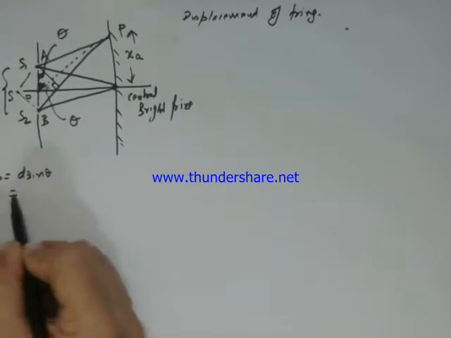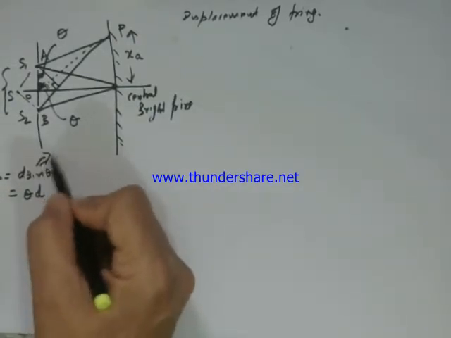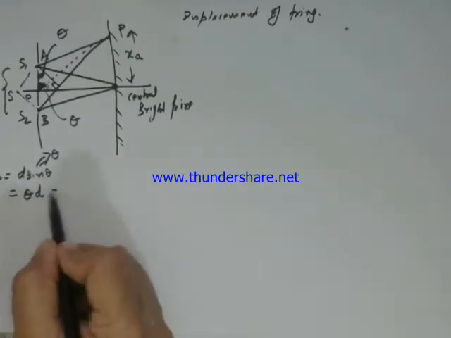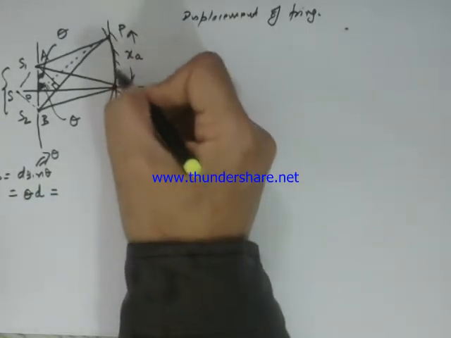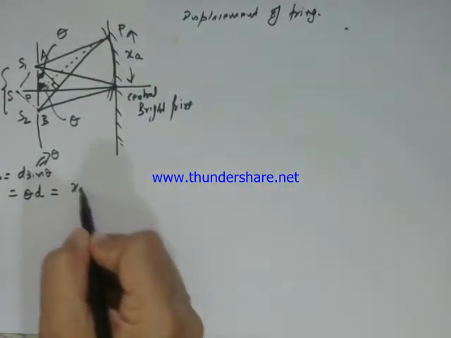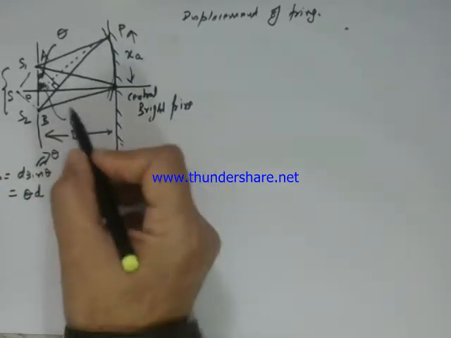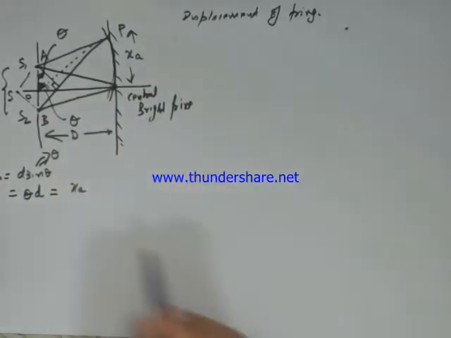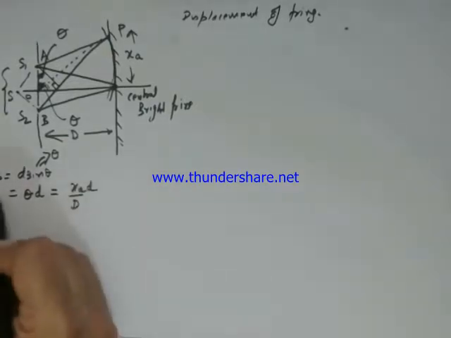Now delta p, I can write, is the path difference, which is d sine theta, or write theta d, where sine theta is approximately equal to theta, and theta can be written as arc upon radius. We can take this as arc, so theta can be written as x_a upon D, if this is the distance between the slits and the screen, so x_a upon D into d is the path difference.